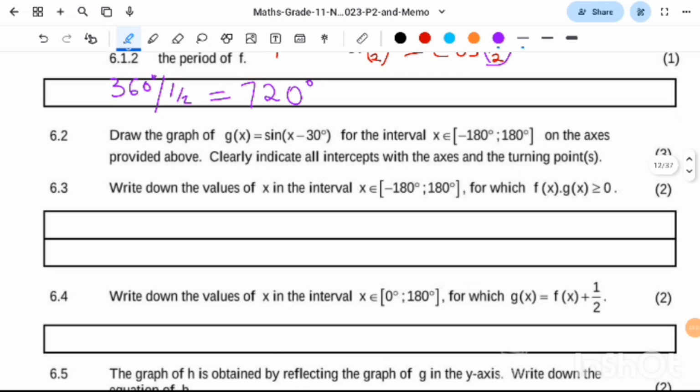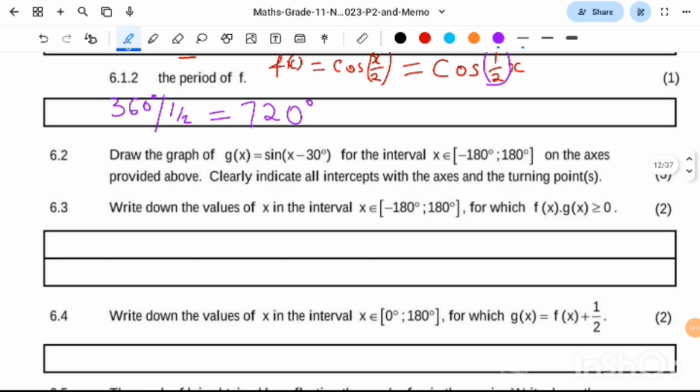The next question is an interesting one. Write down the values of x in the interval x element of negative 180 to 180 for which f of x times g of x is greater than 0. They want the values of x where f of x times g of x is greater than 0.